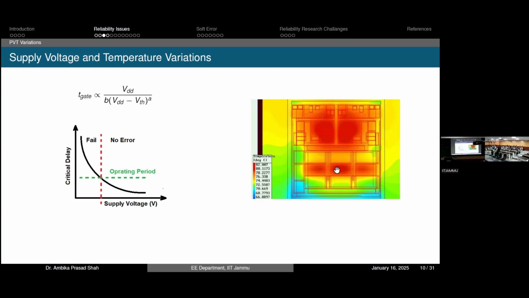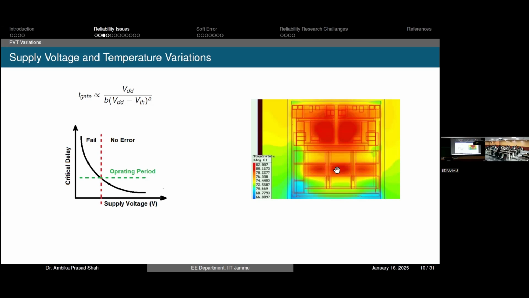So we need to understand that proper designing of your SoC is very important. You have to place the modules in such a way that the activity factor is scattered, or they are of a similar kind, so that this kind of variation can be avoided. Is it clear?